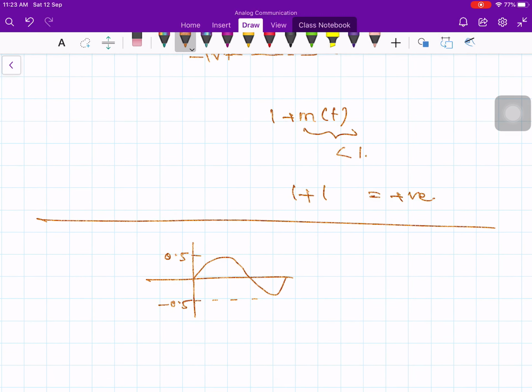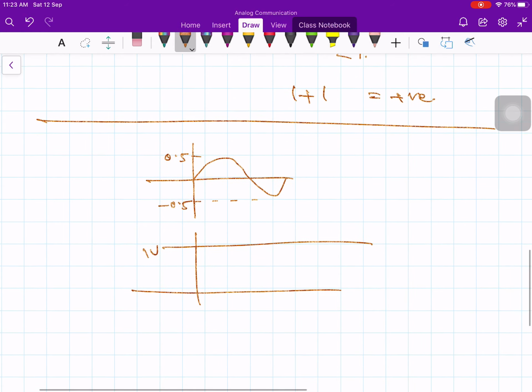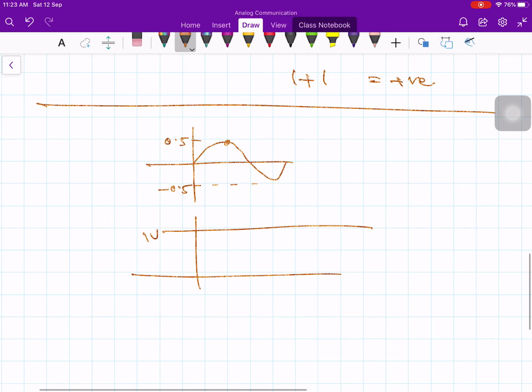If you add a constant DC voltage of 1 volt, this point becomes 1 plus 0.5, 1.5, and this point, 1 volt plus minus 0.5, becomes 0.5. Therefore, your signal looks like this.